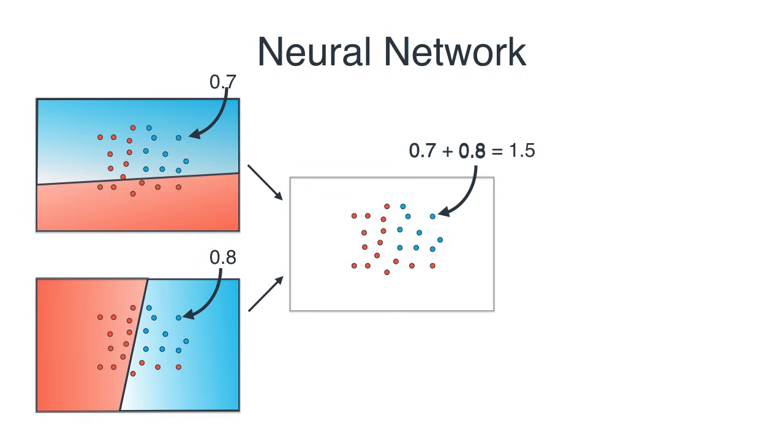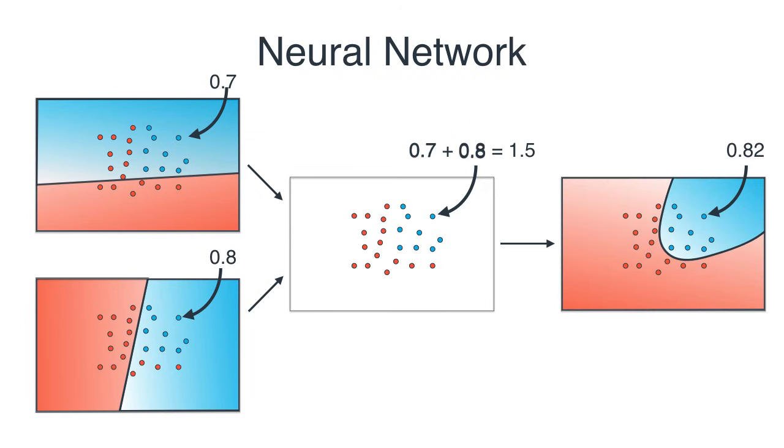But now we run into the same problem as before. 1.5 is not a probability. Probabilities have to be between 0 and 1. But if we remember correctly, the last time we had to deal with this, we used the activation function. So all we do is use the activation function and turn this 1.5 into a 0.82.